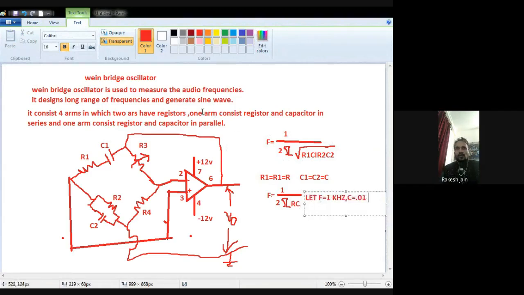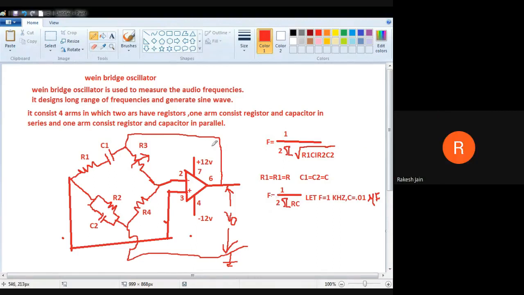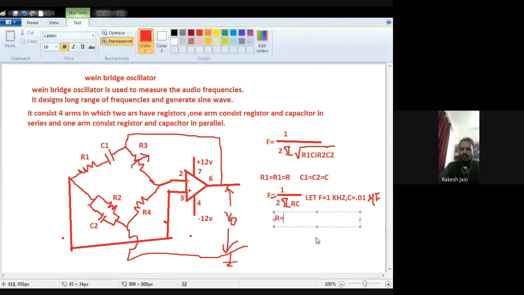You can also write the symbol of micro as mu F. Then when we calculate this by putting f as 1000, that is 1 kilo, we will find approximately 15 kilo ohm, that is 15 point something. So let this R value be 15k.